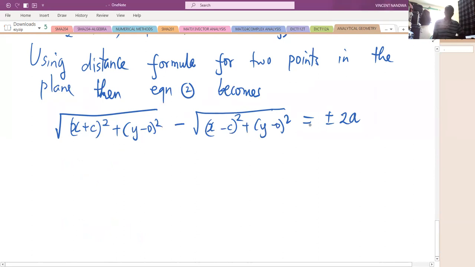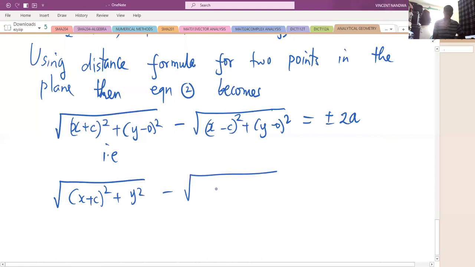To simplify this expression, remember this is the same thing as saying the square root of X plus C squared plus Y squared minus the square root of X minus C squared plus Y squared equals plus or minus 2A.